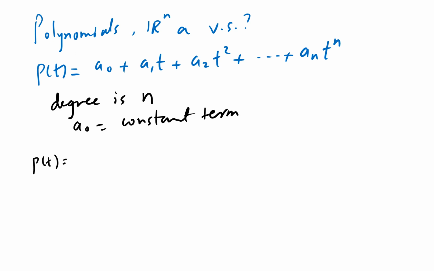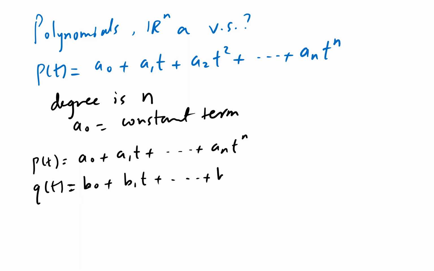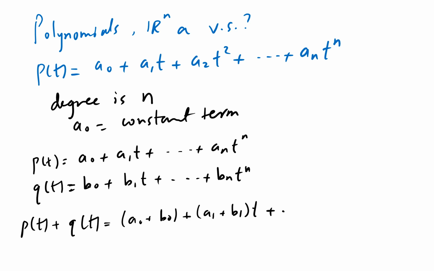The first one, p of t, is a0 plus a1 t all the way to an t to the n, and take q of t, which is b0 plus b1 t plus all the way to bn t to the n. What's the sum? When you add them up, you get a0 plus b0, plus a1 plus b1 t, all the way to an plus bn t to the n.